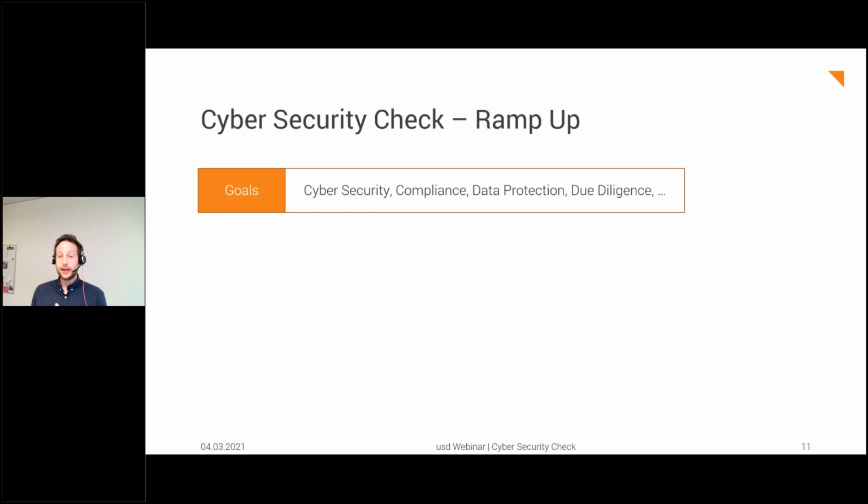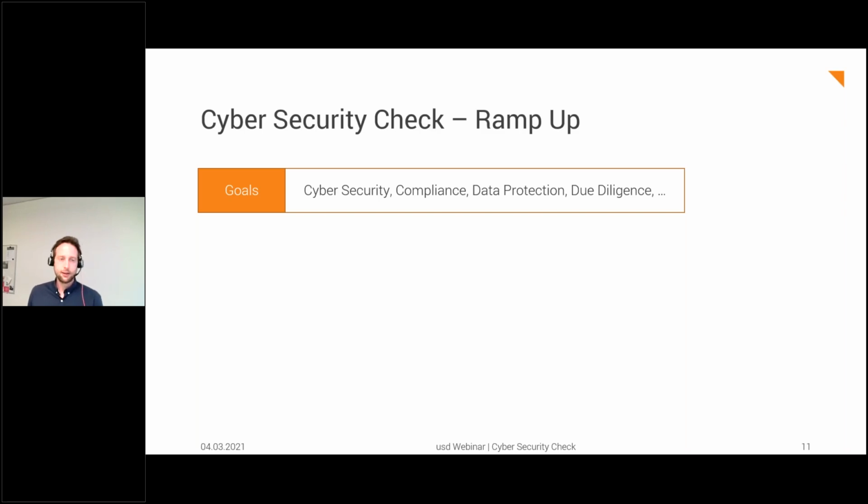So maybe that would be a goal in the end. It's really important to figure out what will be the primary goal, what will be secondary goals, and so on. And this is very dependent on the stakeholders at the end of the day.